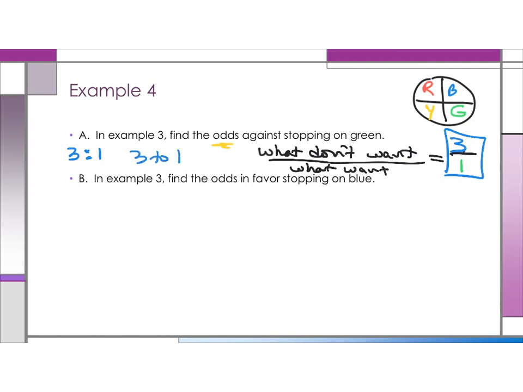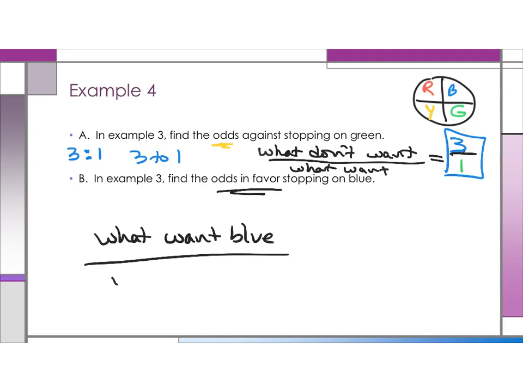Now it wants us to find the odds in favor of blue. So what we want is the blue, and what we don't want is going to be the red, the green, and the yellow.